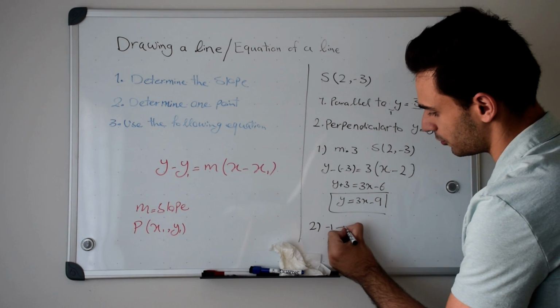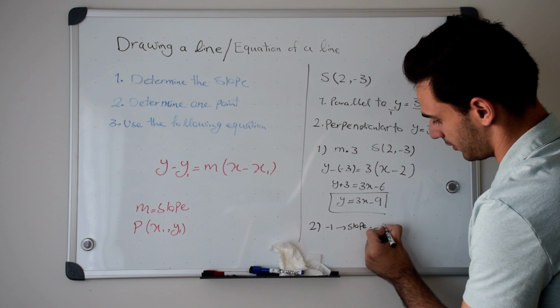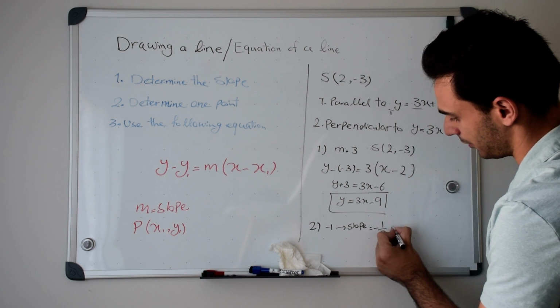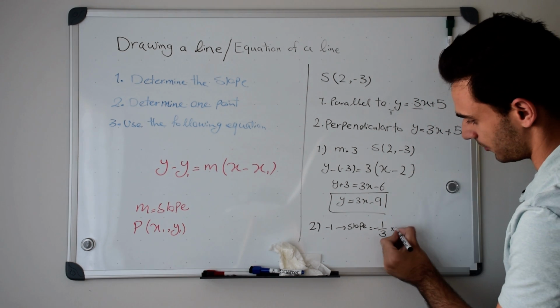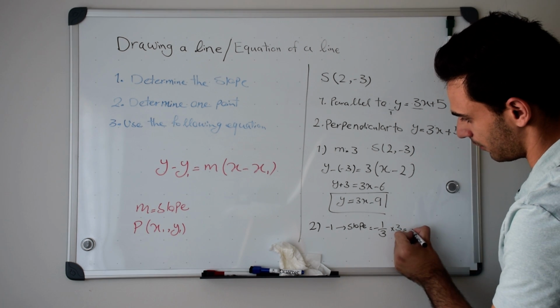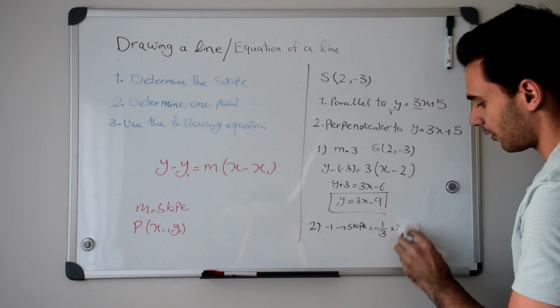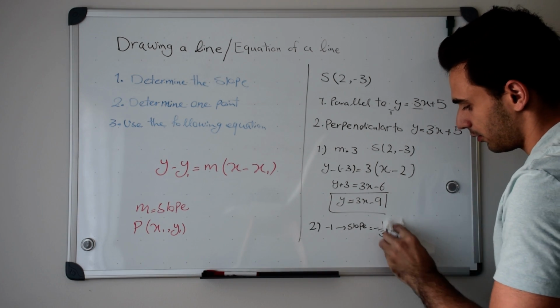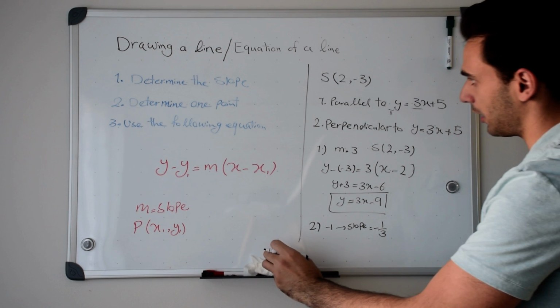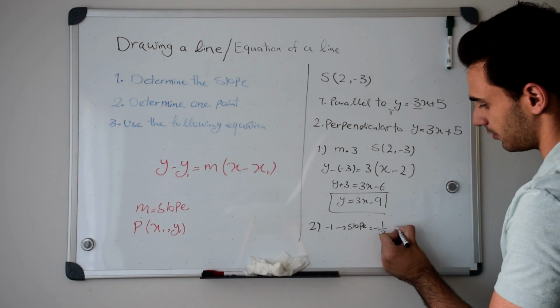The slope should be minus 1 over 3, because if I multiply it by the slope of this line, which is 3, it gives me the answer of minus 1, right?